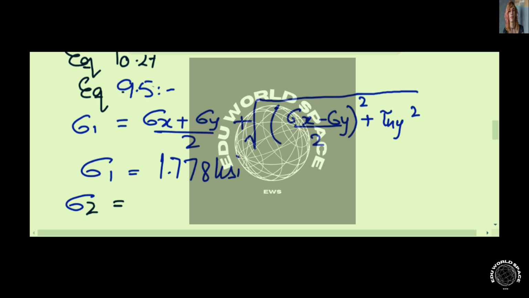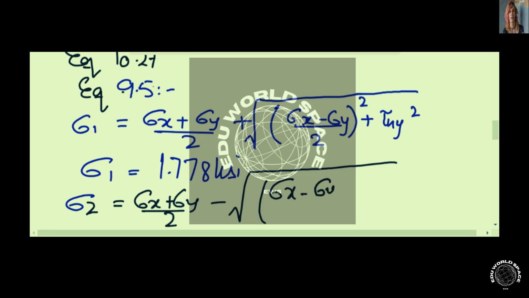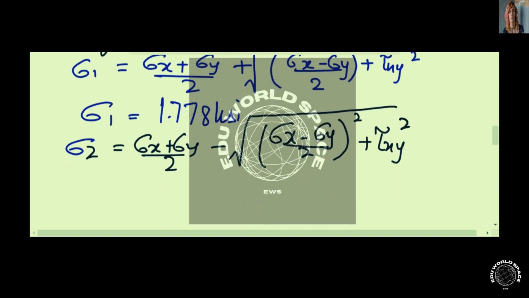Next we find sigma sub 2, the other principal stress. This is sigma sub x plus sigma sub y divided by 2 minus the square root of sigma sub x minus sigma sub y, divided by 2, squared, plus tau sub xy squared. Again, plug in the values and we get sigma sub 2 equal to 1.008 ksi.